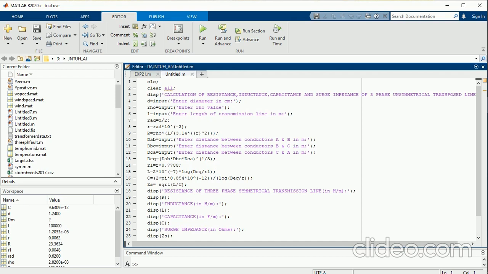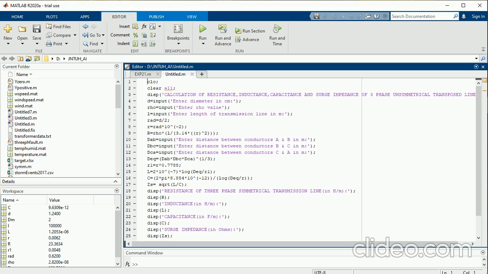I gave the clear all, and next I just display the statement, whatever statement I want to communicate. And later I just took the values from the diameter, rho values, and length of the transmission lines. I calculated the radius, and I calculated the radius in meters.